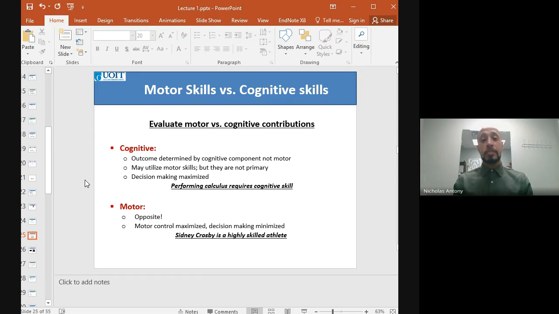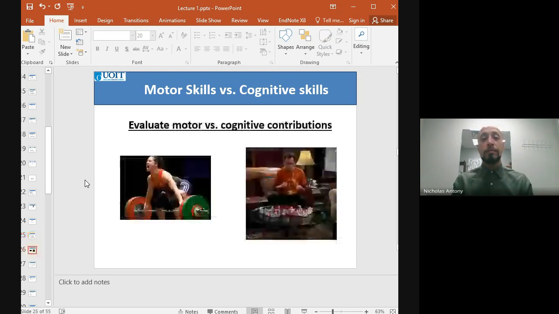But with motor skills, the motor component is the one that's maximized. Whereas with cognitive skills, like doing mathematics, for example, if I'm doing math or I'm writing an essay, I'm typing or I'm writing on a piece of paper, it involves motor stuff, but the majority of that skill is a cognitive component. So that's a cognitive skill. Are we okay with that? So motor, chess, cognitive.